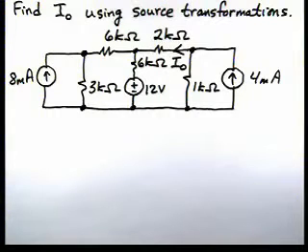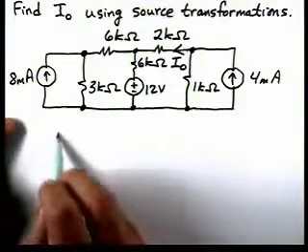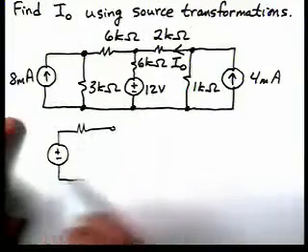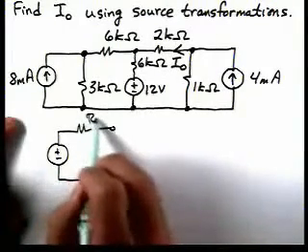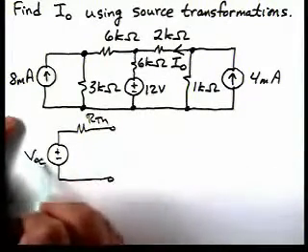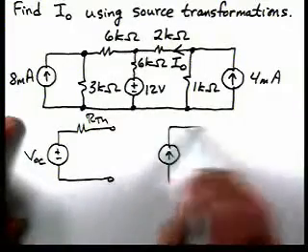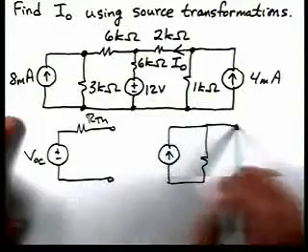In this problem, we're going to find the current I0 using source transformations. And let's review quickly source transformations. The source transformation allows us to transform between a Norton equivalent circuit and a Thevenin equivalent circuit.